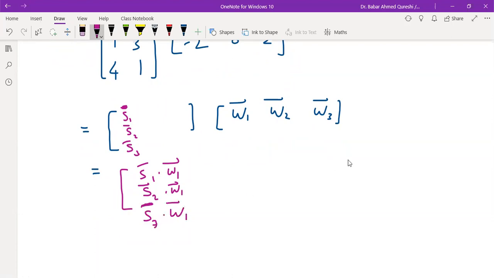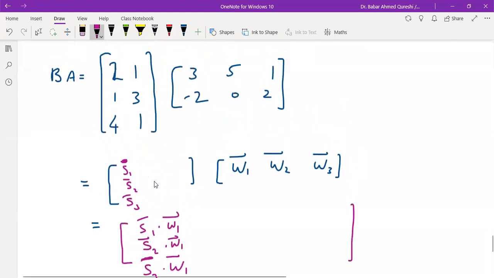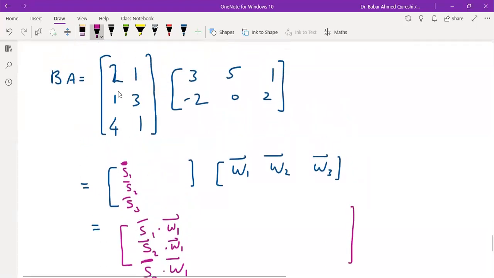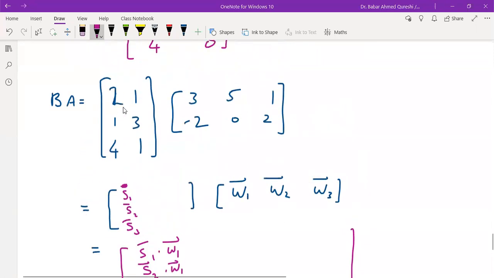So let's see, we will write this later, let's see what these dots are. I don't have a problem, I can do it very easily.